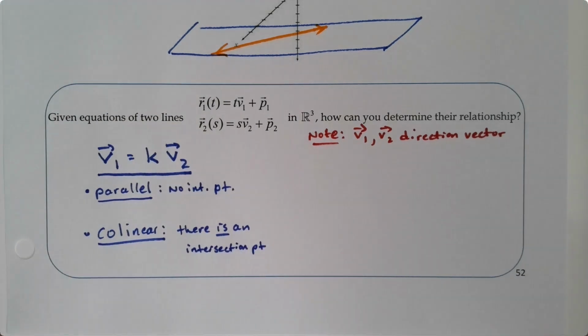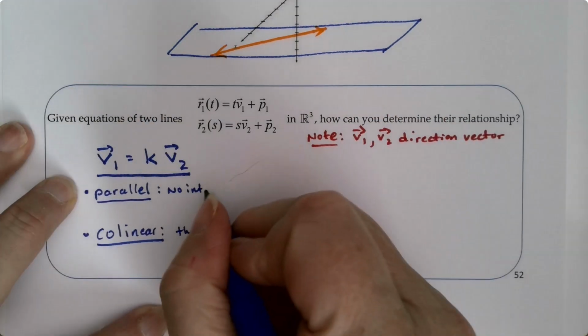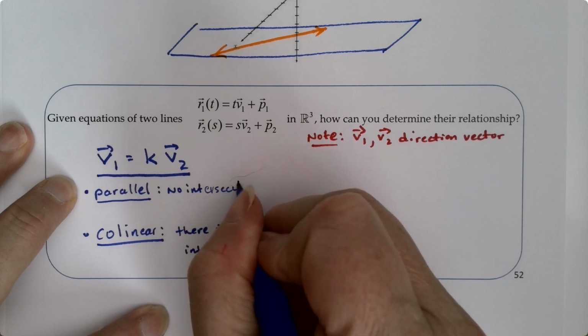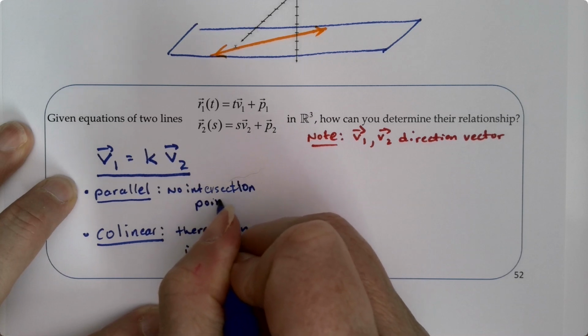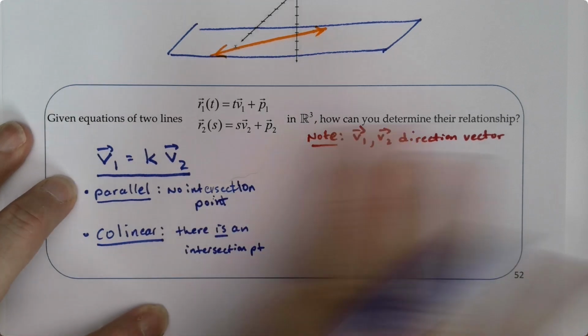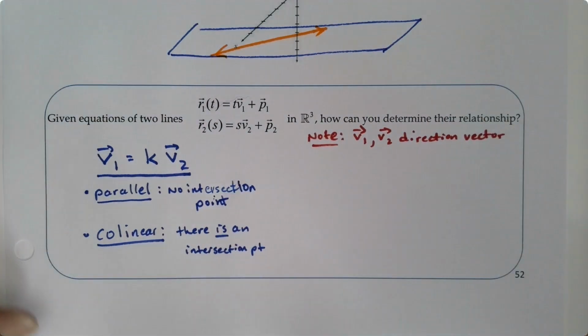I shouldn't abbreviate that much, so let me actually put the word in here. Intersection point. There we go. Sorry, I had a little dog fur in there.